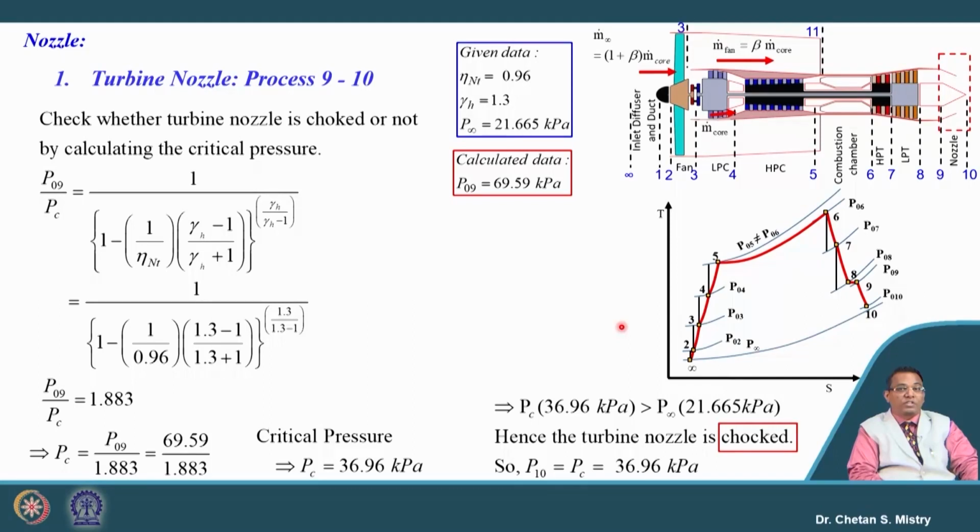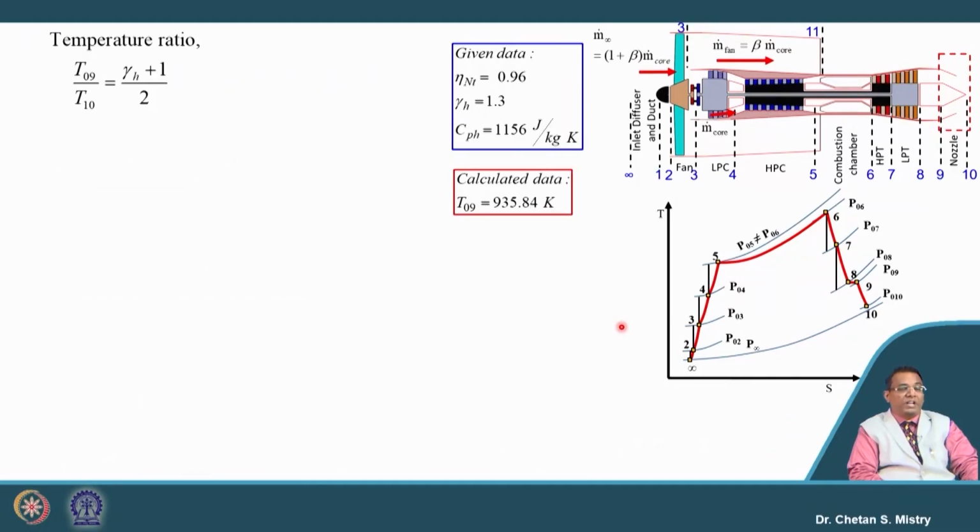So, the exit pressure will be critical pressure, and that is 36.96 kilopascal. Since we have our static pressure known to us, we can calculate what will be my static temperature at the exit of the nozzle.